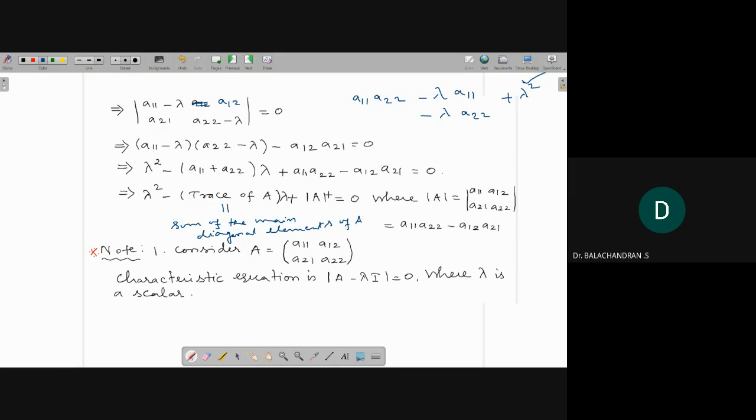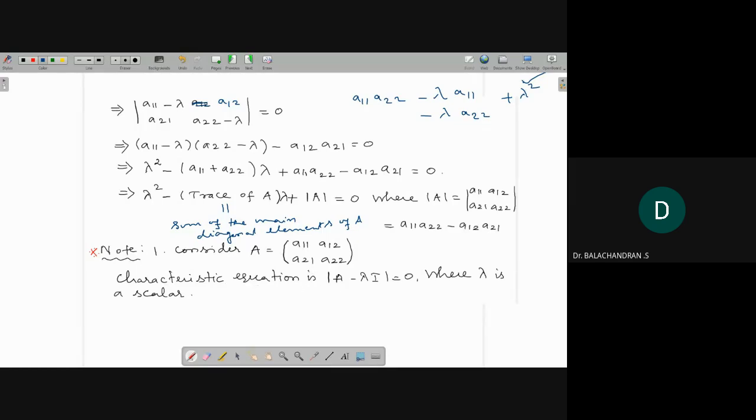Okay. So next, a note. There is one more shortcut method to find the characteristic equation directly. Consider capital A equal to this given 2 by 2 matrix.